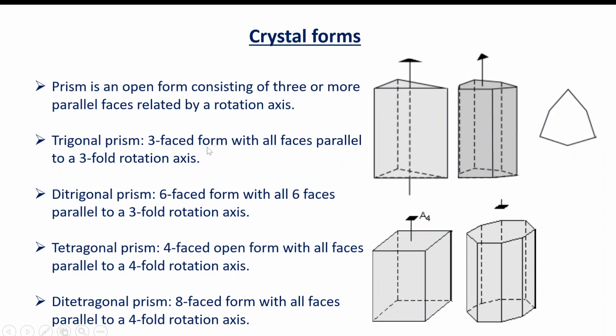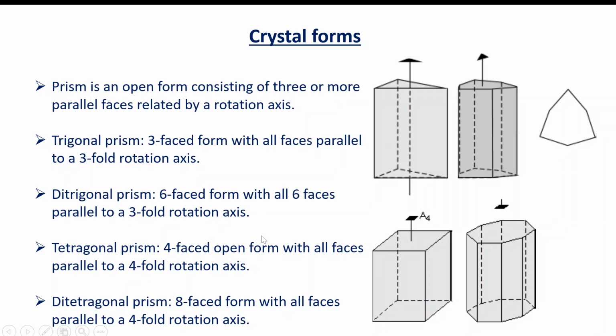Similarly, in the case of pyramidal faces as well, you will get a 4-fold symmetry, because this face is getting repeated 4 times with a rotation of 360 degrees. The same face is repeated 4 times, which is why the axis through which I am holding this crystal gives you a 4-fold rotational symmetry. So you get 3-fold, 4-fold or even 6-fold symmetry, both in the case of prism faces as well as pyramidal faces.